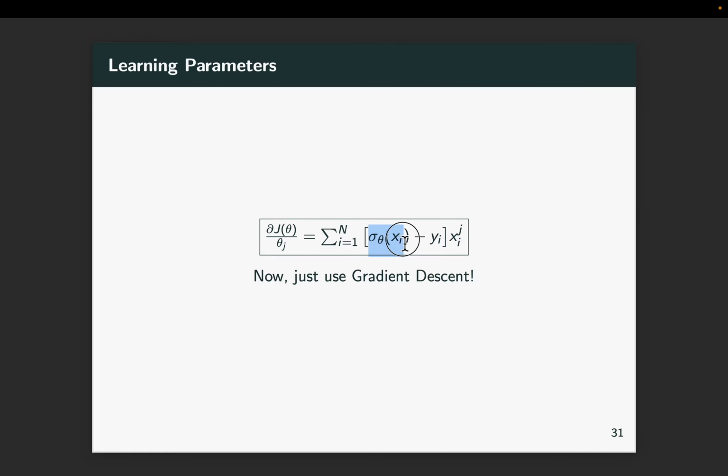We can also write this as yi hat minus yi into the jth component of xi. Now we could either use gradient descent directly at this stage, or we can try and vectorize this solution. We generally prefer to vectorize the solution rather than writing d different equations, which is the next exercise.